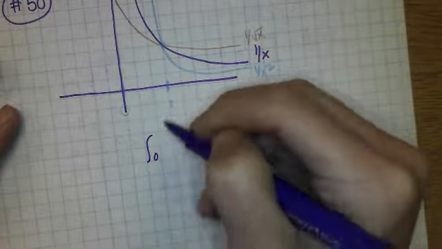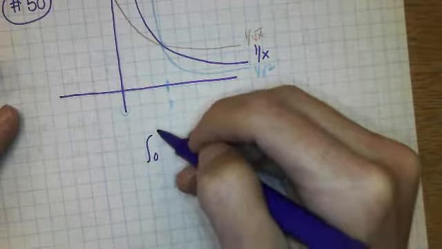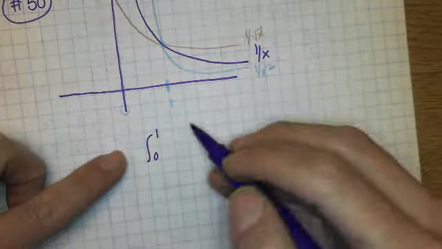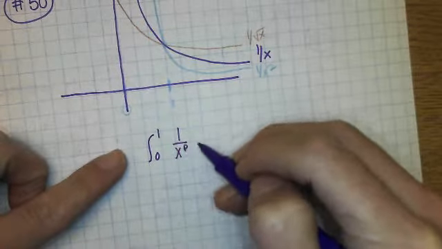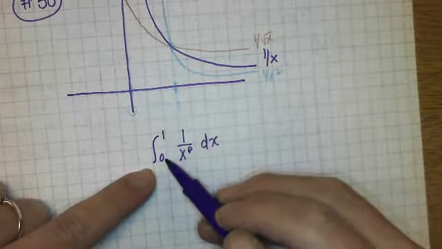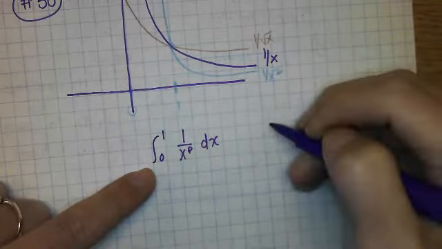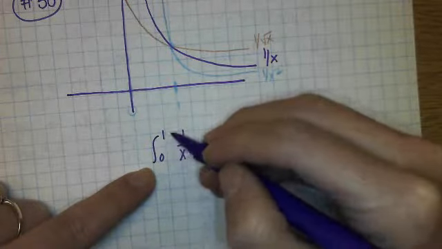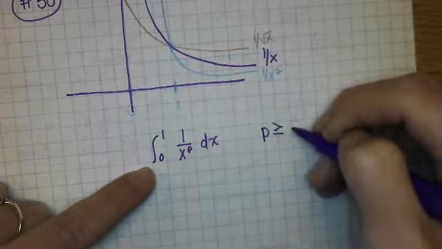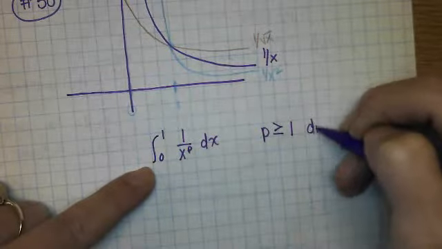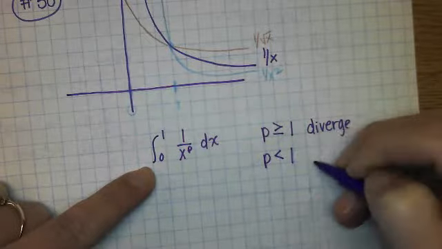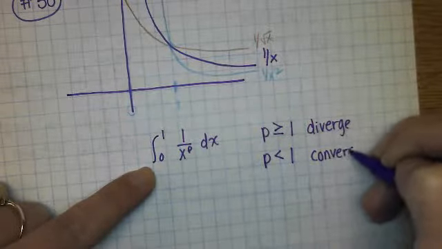If we have the integral from 0 to 1, where 0 is an undefined point for all of these, of 1 over x to the p dx, this is still an improper integral because of the discontinuity at the endpoint. If we're looking between 0 and 1, if the power is higher than or equal to 1, it's going to diverge, and if the power is less than 1, it converges.